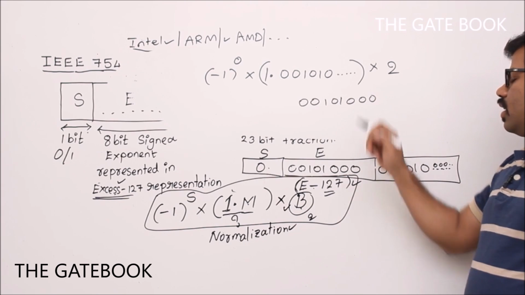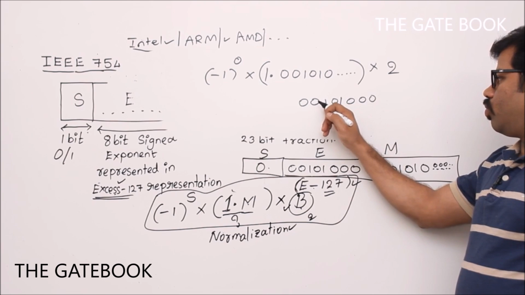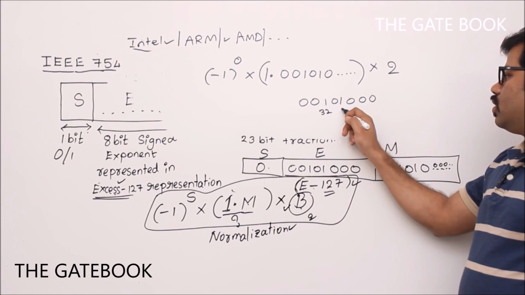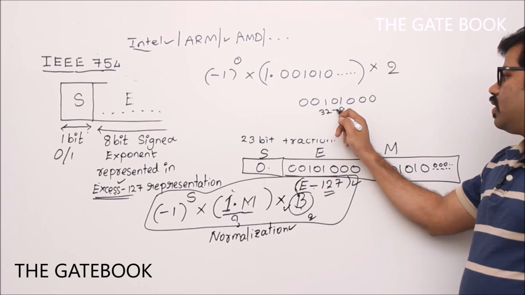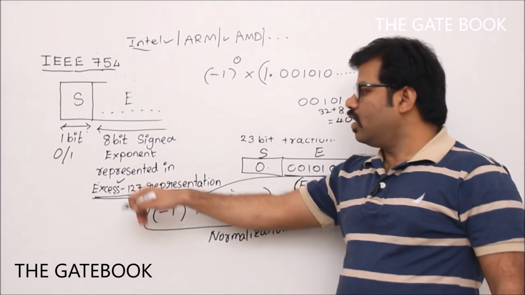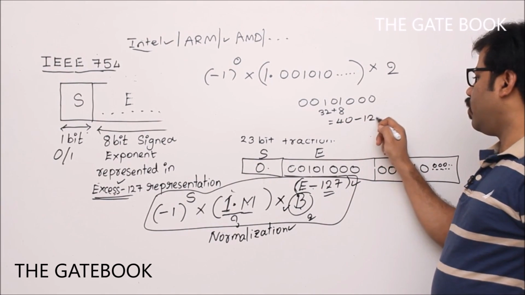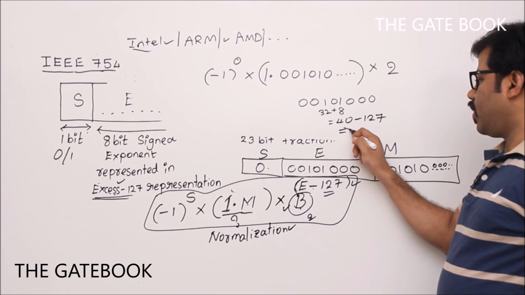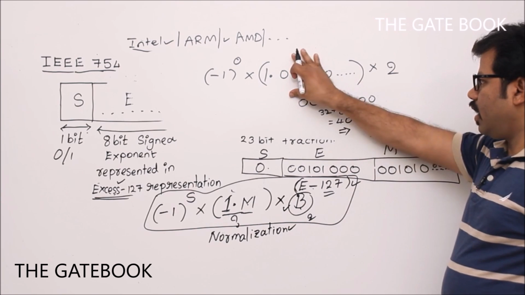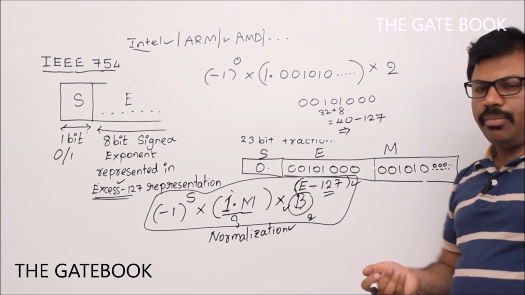It is 32, and this is 8, correct? So 32 plus 8, 40. In excess 127 representation, when you write 40, that is treated as 40 minus 127. So the binary 40 is equivalent to 40 minus 127.